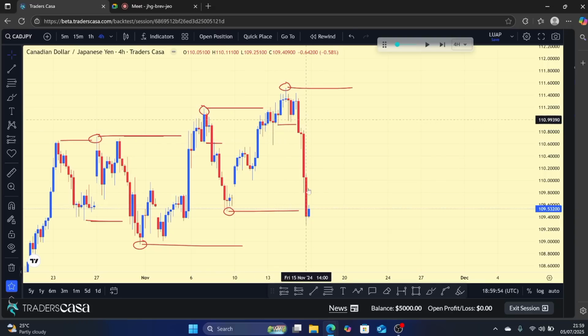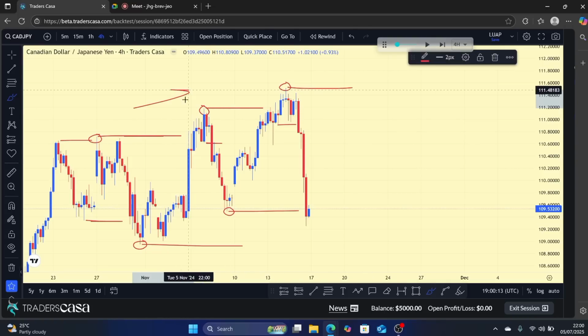Price took it out, and I was anticipating that price would reverse after mitigating a POI inside this trading range, but you can clearly see price went all the way towards the external liquidity and broke past that. So this one here is what we call a change of character. This means we have changed bias from being bullish to now being bearish.